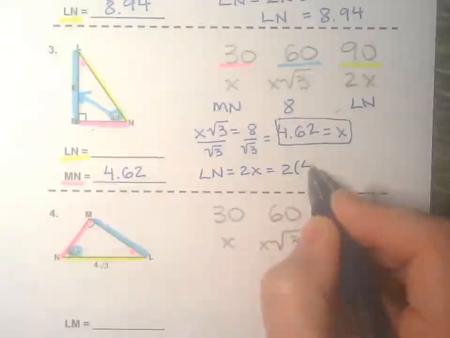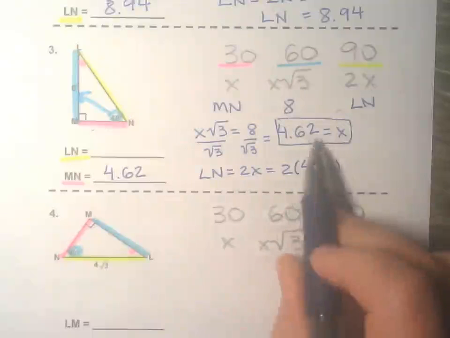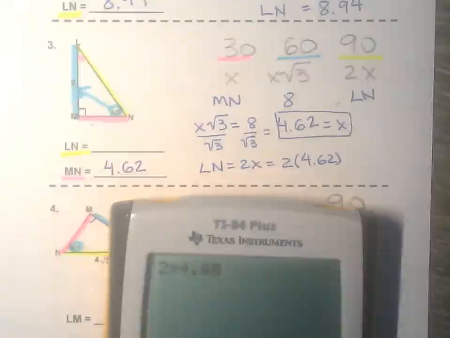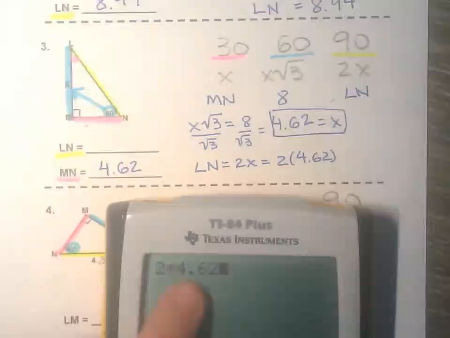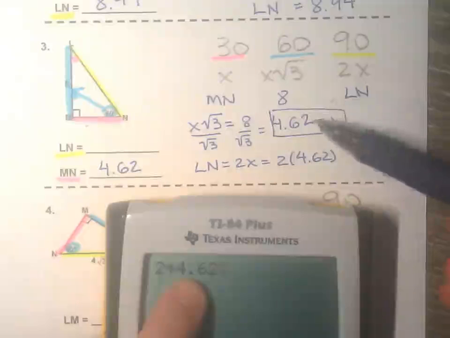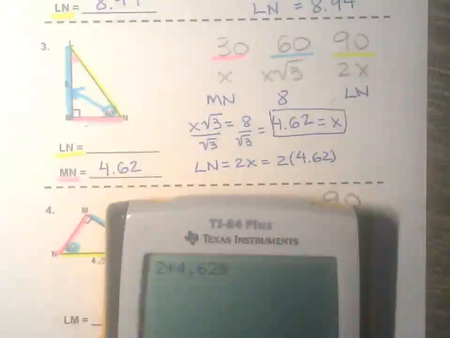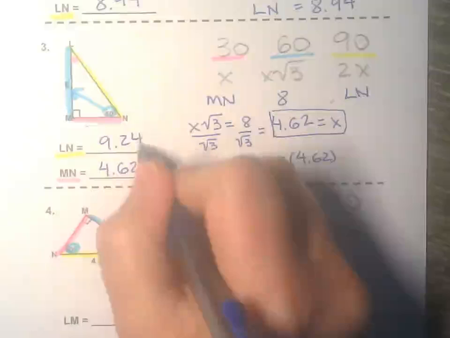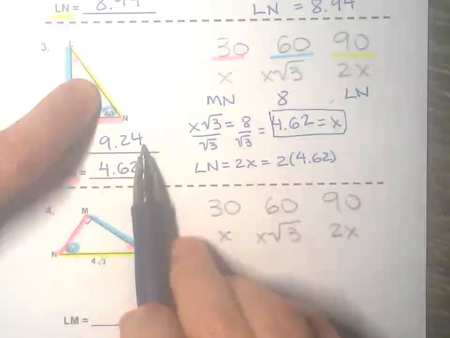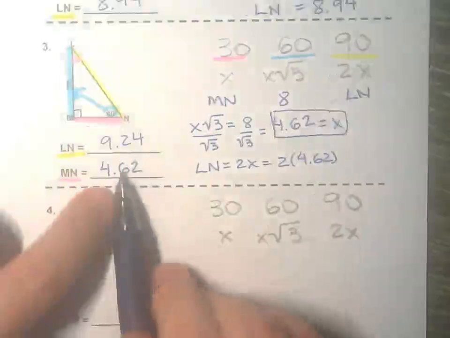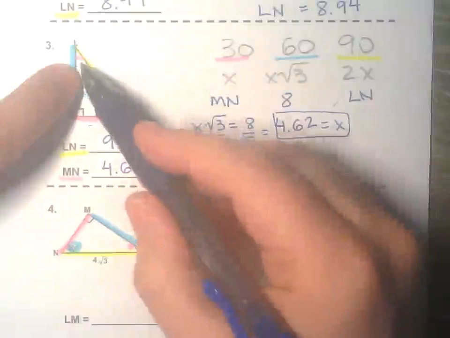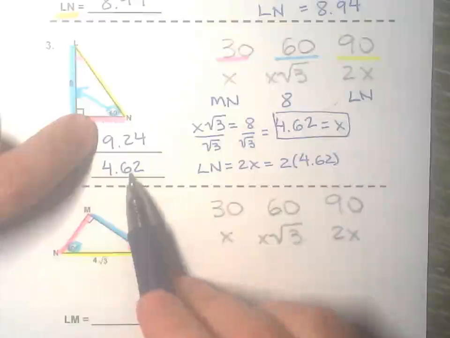I know x is 462 because I found it over here. So plug it in. 2 times 462, and it's 2x. 924. 924 is the longest side. That's good because that's the hypotenuse. 462, that's the shortest side because it's right across from the 30-degree angle, so it's the short leg.